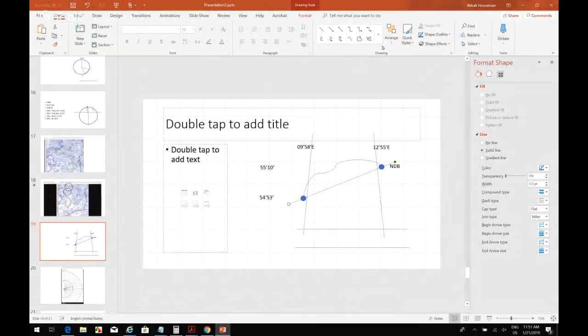If we just do 1255 minus 0958, that's a change of longitude of 257, which is 2.95. 2.95 times sine mean latitude. Mean latitude is 5510 plus 5453 divided by 2, 55.025.